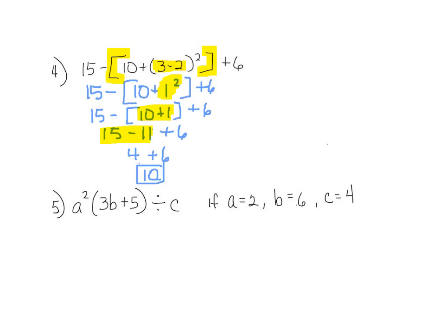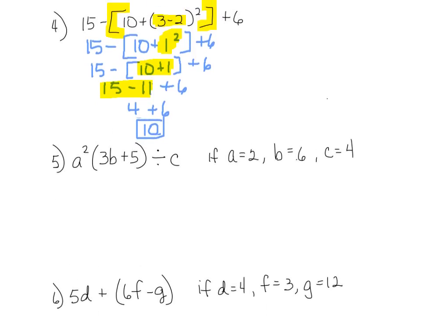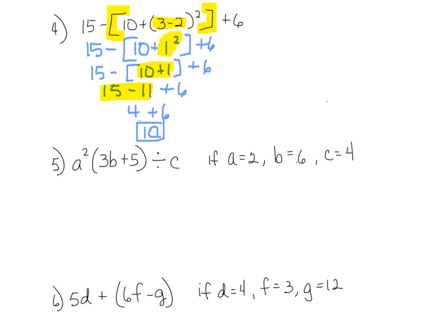Okay, for number 5, what we will do here is we will evaluate the algebraic expression. An algebraic expression, you'll recall, may include variables, and here for number 5, we have variables and we've defined what each variable's value is. So what we will simply do is we will substitute 2 for A, 6 for B, and 4 for C, and then we will use order of operations to evaluate.